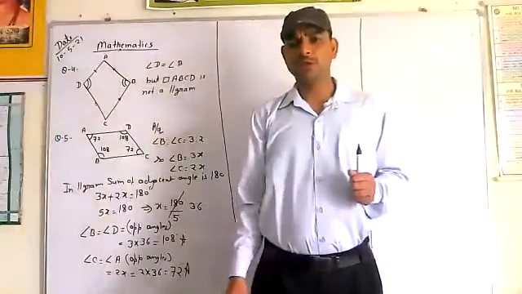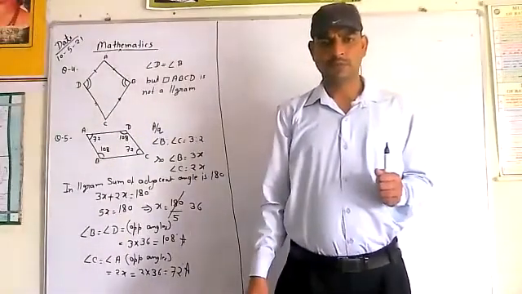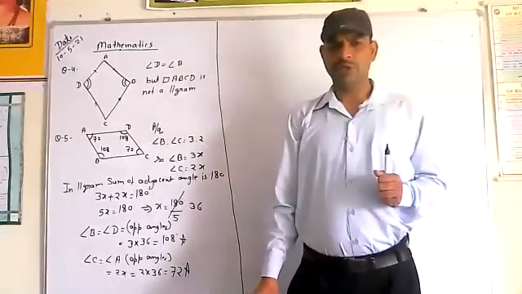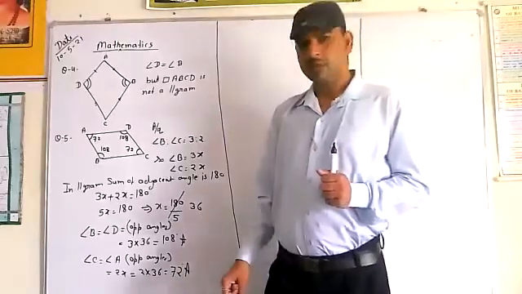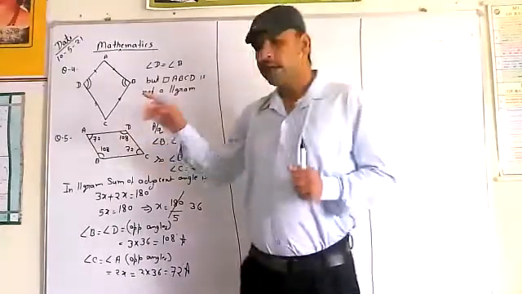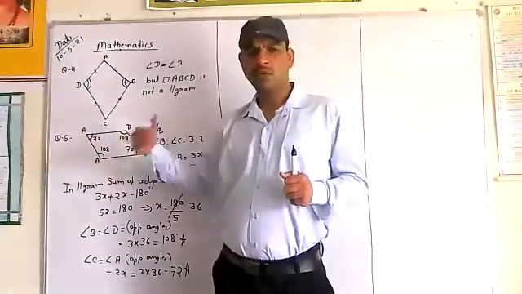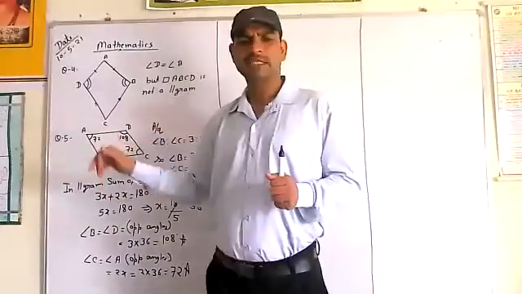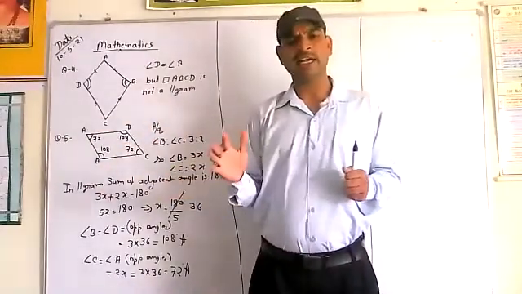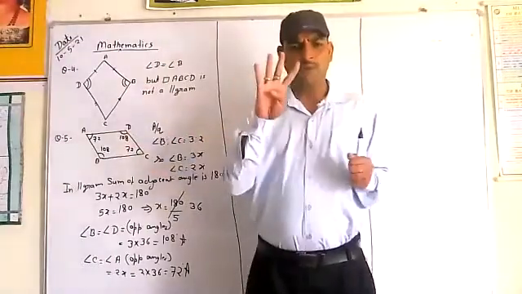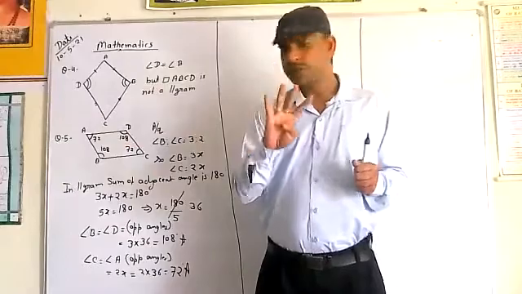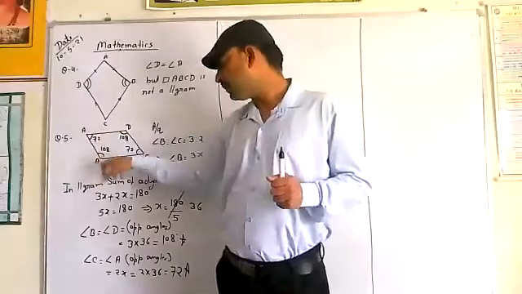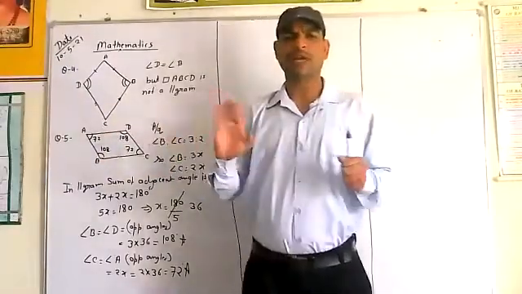Sir, you said that the adjacent angles of a parallelogram sum to 180, meaning B and D sum to 180? Listen. Any adjacent angles: A plus B is 180, B plus C is 180, C plus D is 180, D plus A is 180. The sum of any two adjacent angles, whether you take A and B, or B and C, or C and D, or D and A, makes no difference. It is applicable to all.